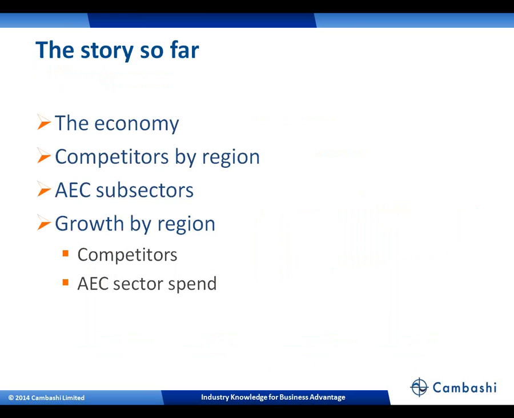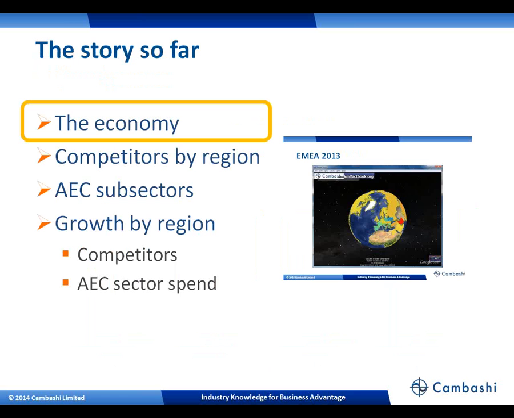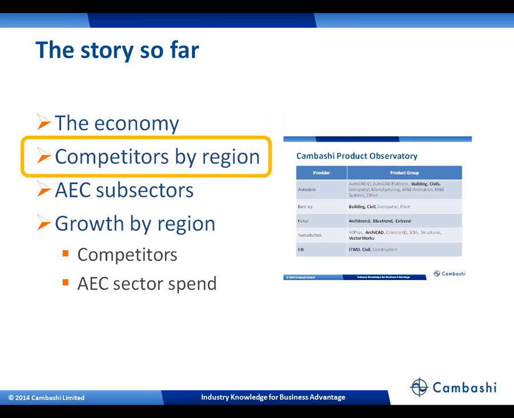So, where are we? I'm getting close. Let's quickly recap. Firstly, we set the scene using a Google Earth view of value-added information for the AEC sector. Then we looked at regional distribution and growth for 11 competitor product lines from 5 selected competitors.